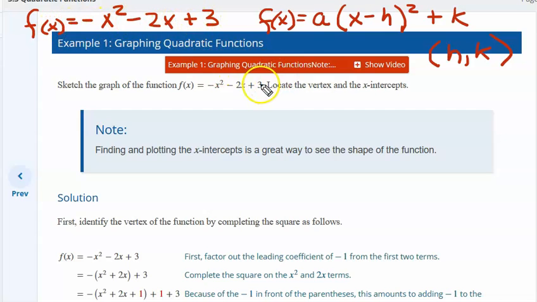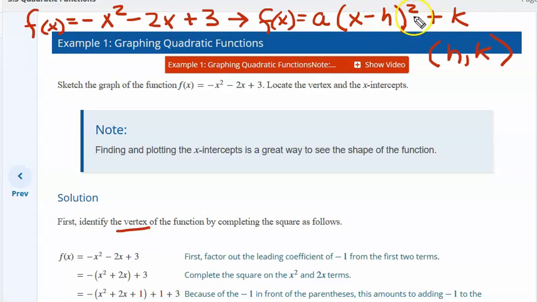Now we're asked here to find the vertex. Now to do so, they're suggesting we convert from standard form into the vertex form that we just went over.